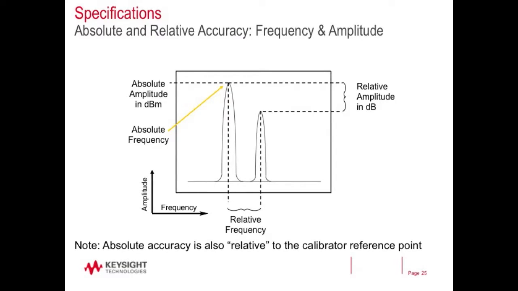But again, we've made a lot of strides since 2000, when we went to a fully digital IF processing chain, where we've really been able to get the amplitude accuracy down from 2 dB to a few tenths of a dB, especially at the lower frequencies.